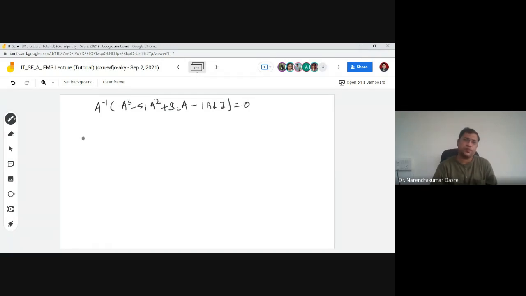Now multiplying by A inverse, I get A cube into A inverse minus S1 A square into A inverse plus S2 A into A inverse minus determinant of A into I is equal to 0.